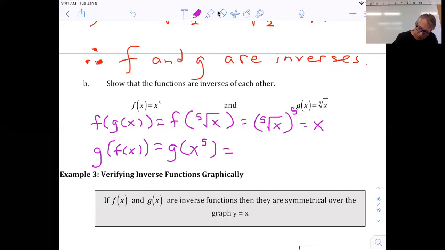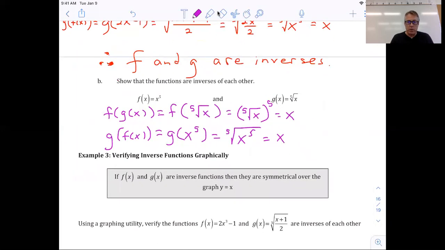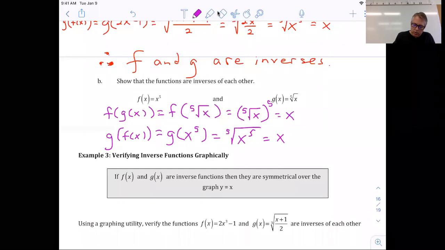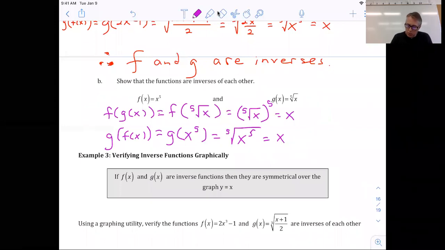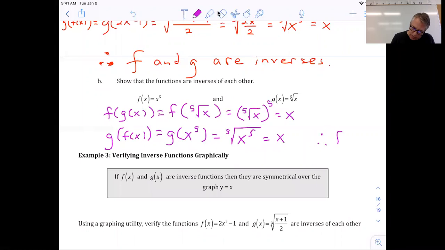So we have the fifth root of x to the fifth. Well, again, you have x to the fifth and the fifth root. Those two operations cancel each other out. And that also equals x. So we have shown that f of g of x and g of f of x both equal x. Therefore, f and g are inverses.